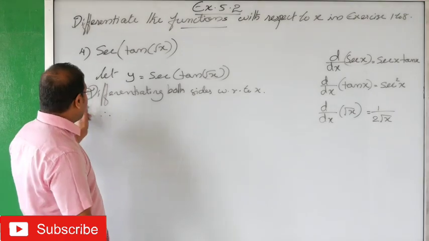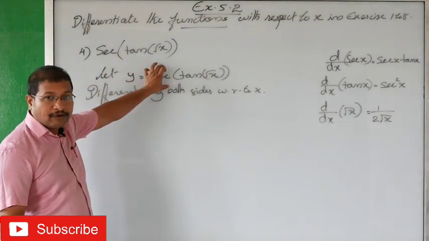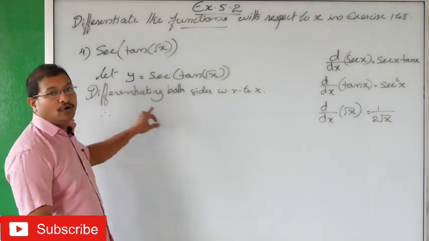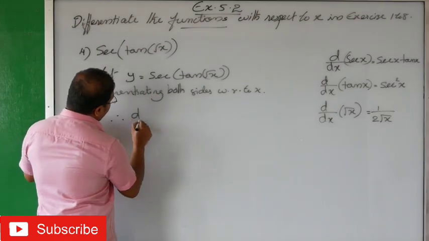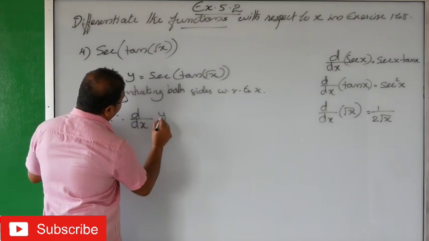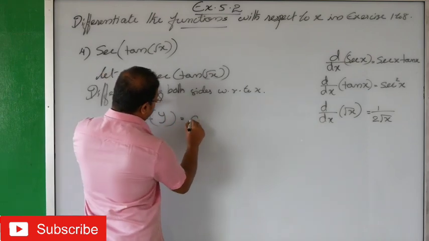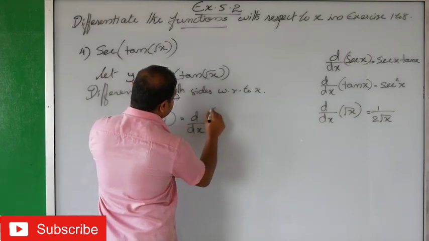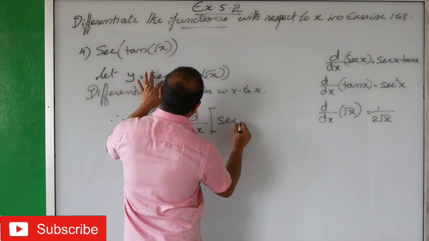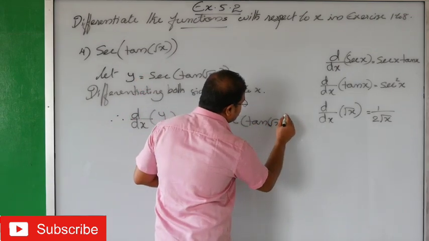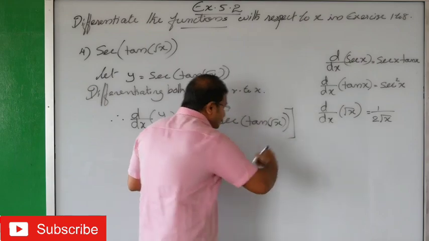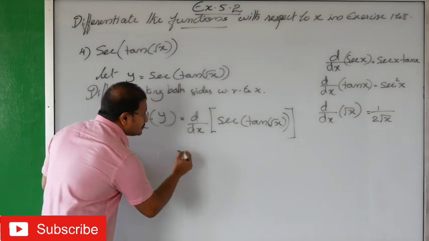First you will write let y equals the given. After that you will write differentiate both sides with respect to x. Therefore derivative of y equals derivative of sec of tan root x equals.